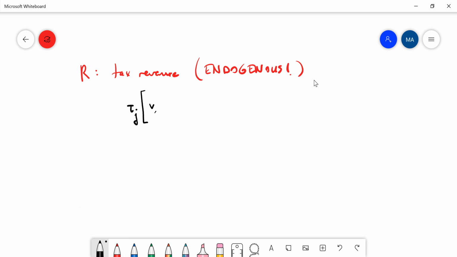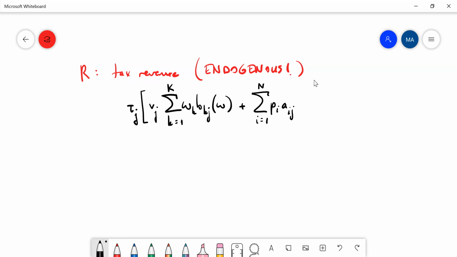So this would look like this, right? Again, from K to K, we have omega K, B_KJ omega, plus there is this intermediate input demand, right? We have the price and the input-output coefficients, remember. Now, this is the unit average cost.